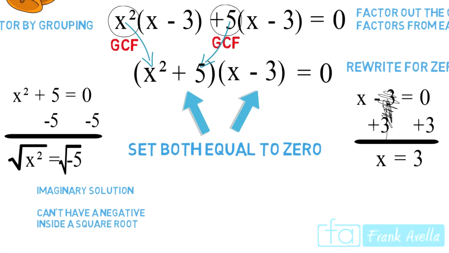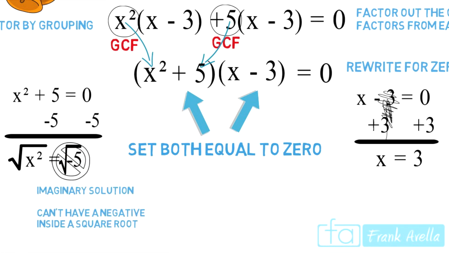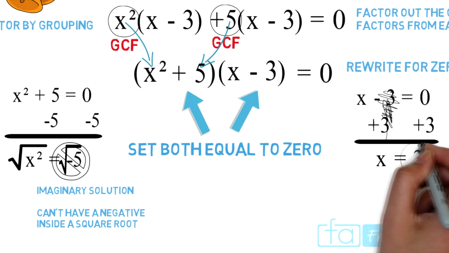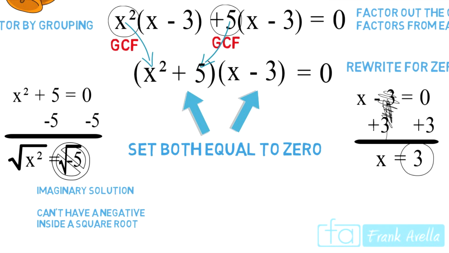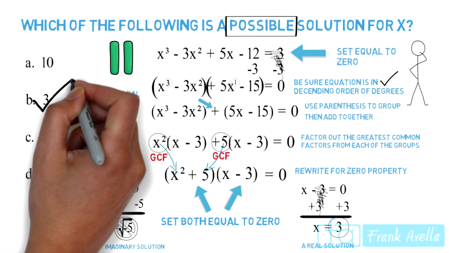So square root of negative 5 is not a possible solution. However, 3 from x equals 3, that is a real solution. So we'll go back to our 4 answer choices, and B is the correct answer.